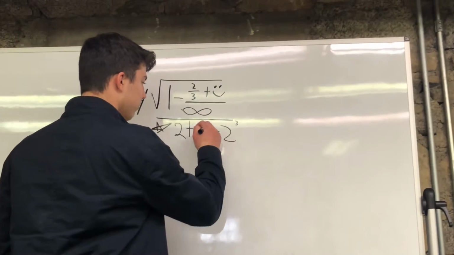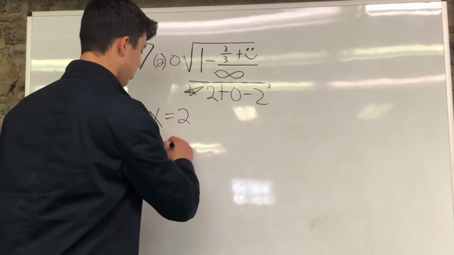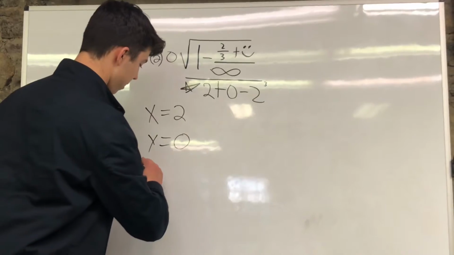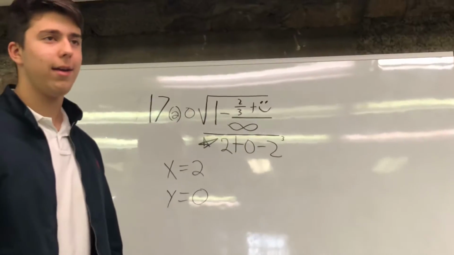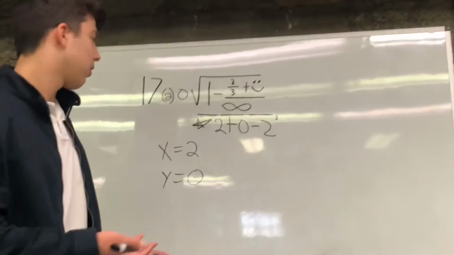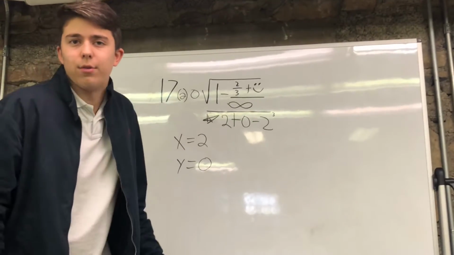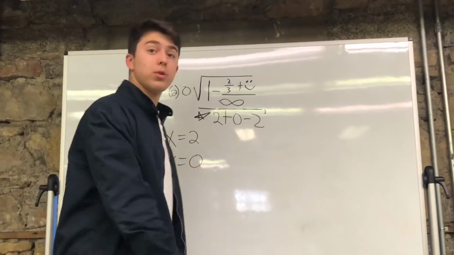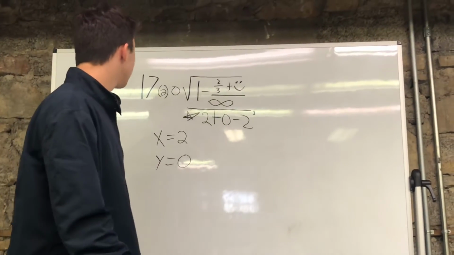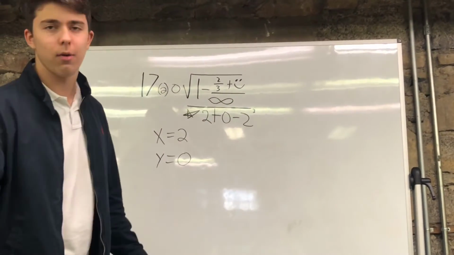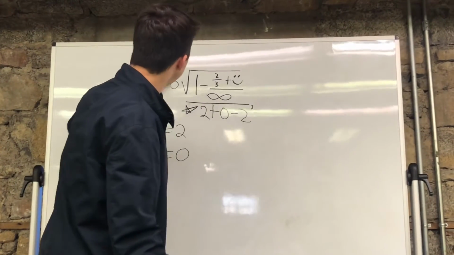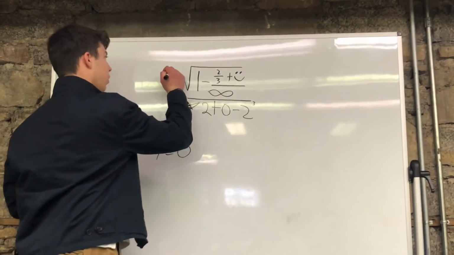Y equals 0. Make it simple. Alright. So we got the equation 17 times 2 times 0, which obviously equals 0. So we can just kill this right here and there.